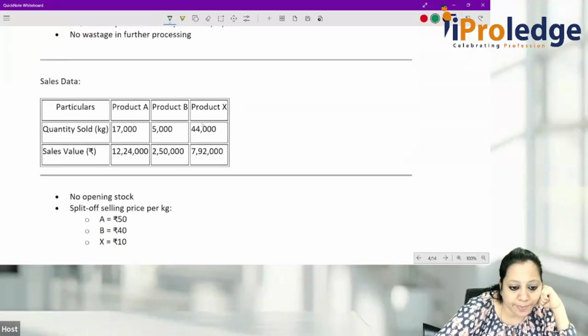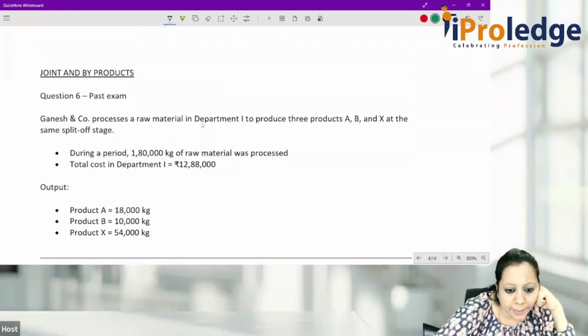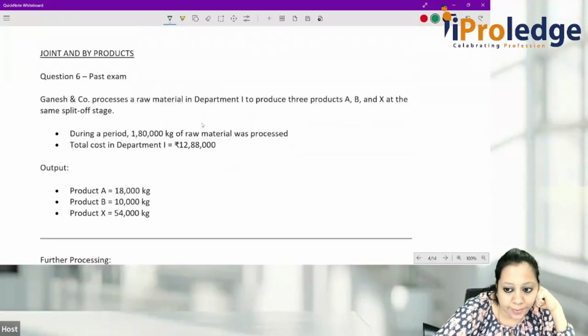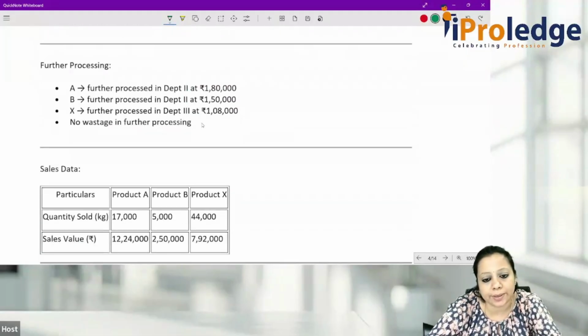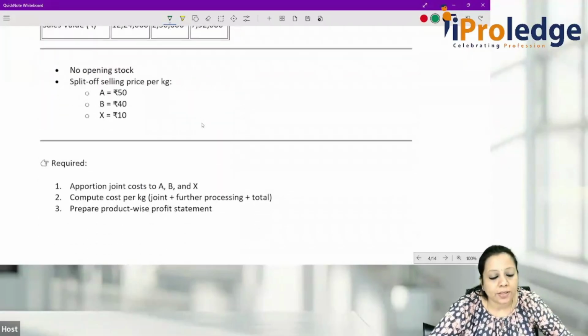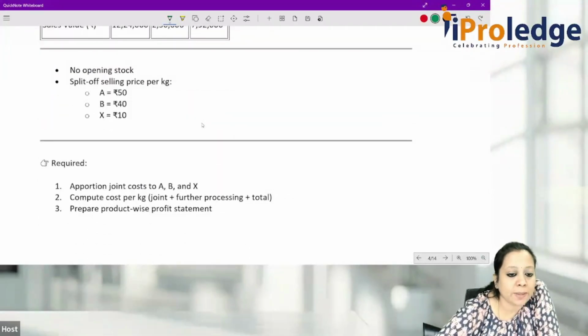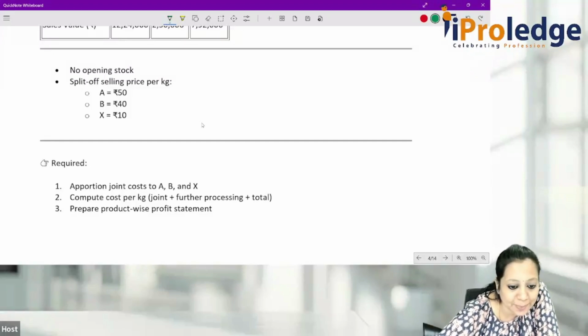Quantity sold is given, and then sales value is given. But probably A and B are in the same department. Then it is 2 and 3. No changing. So then no opening stock. Split off selling price is given. Right? Here it is.